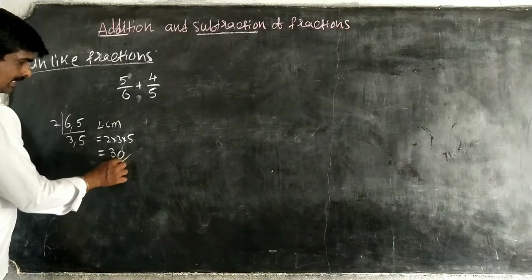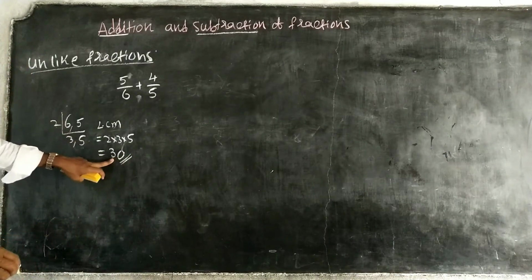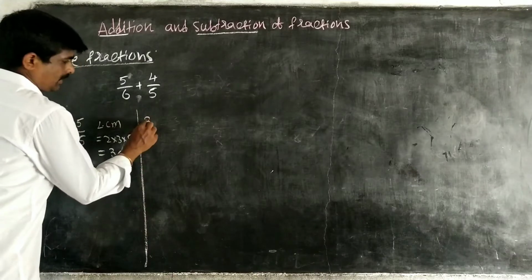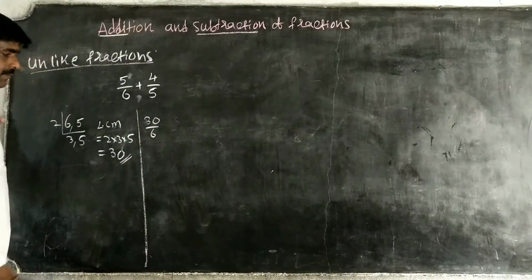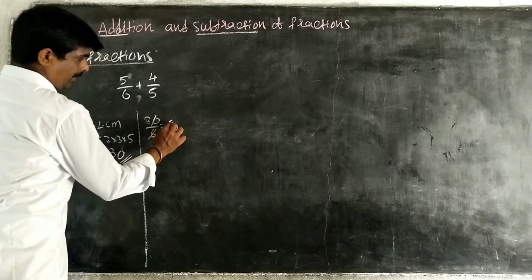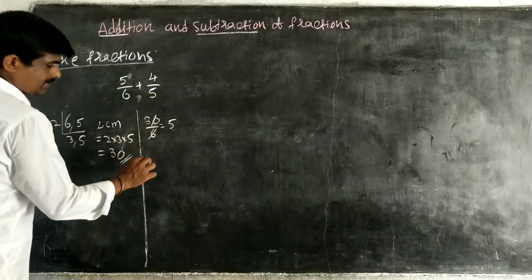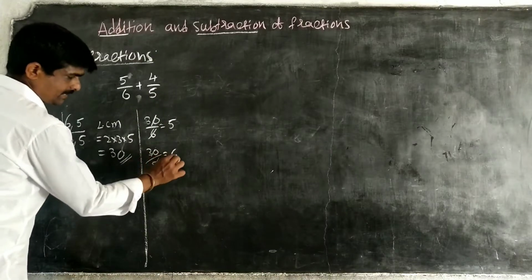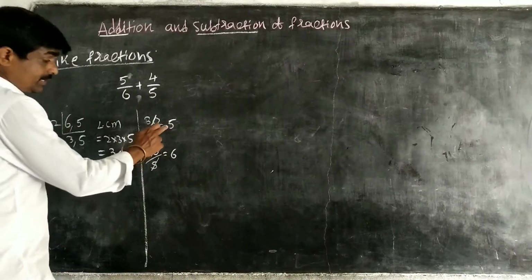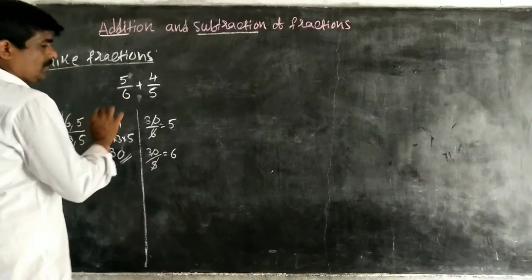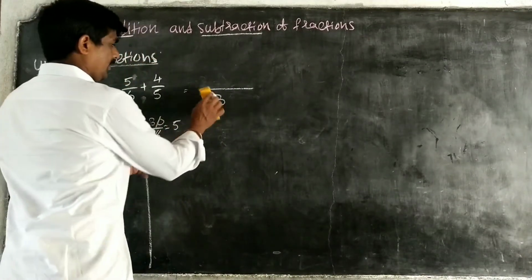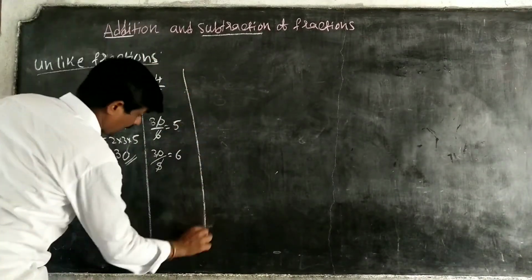Okay, 30 is the LCM. Now this 30 we divide by each denominator. Observe here: 30 by 6 is equal to 5. Next, 30 by 5 is 6. Then this quotient is multiplied with the numerator. It is the same method, like comparison only.